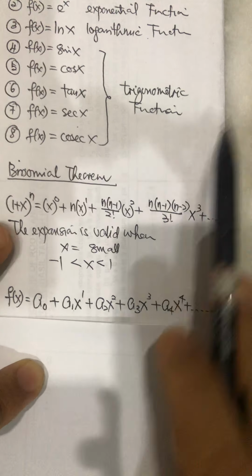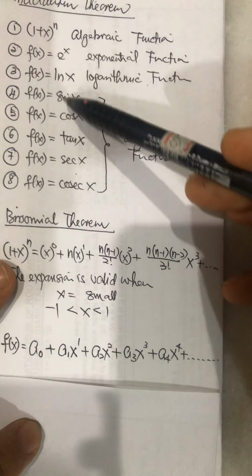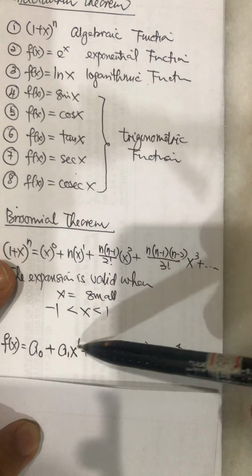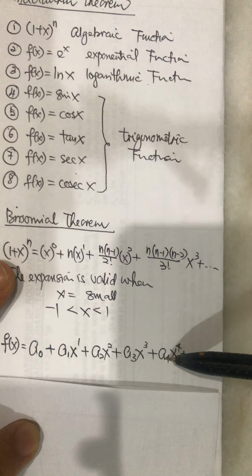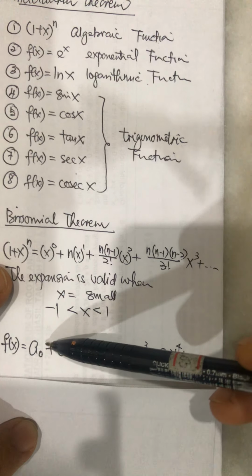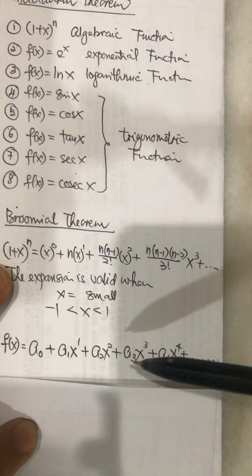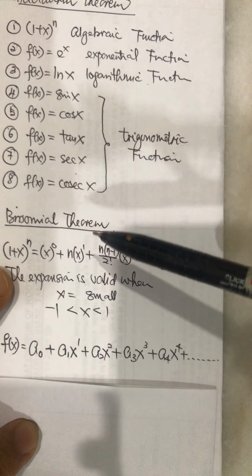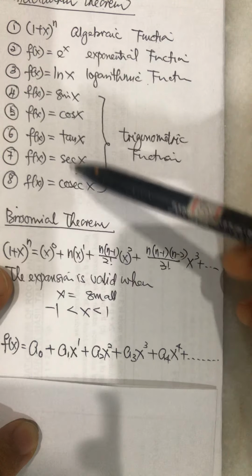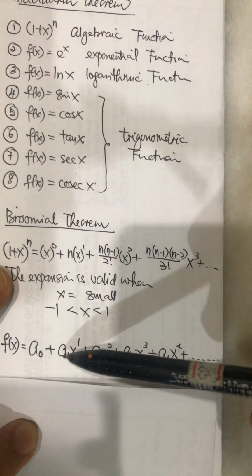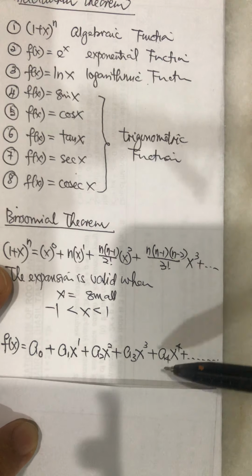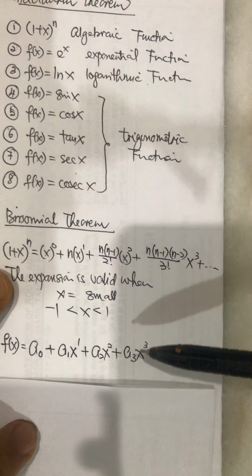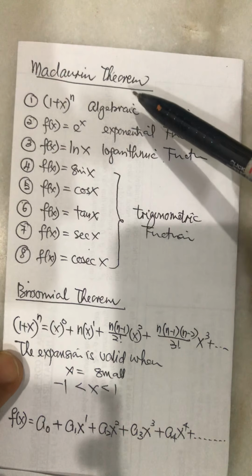For different functions, A0, A1, A2, A3, A4 will be different. So how are we going to find A0, A1, A2, A3, A4 for all these different functions? This is what we are going to do, and this is called the Maclaurin Theorem.